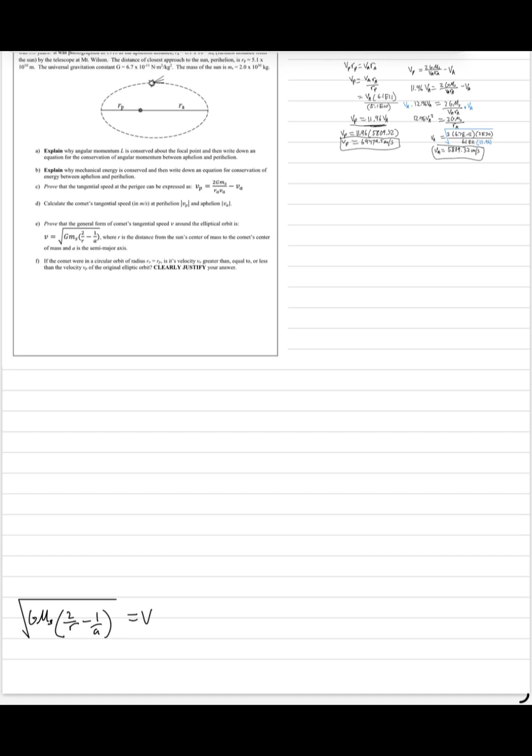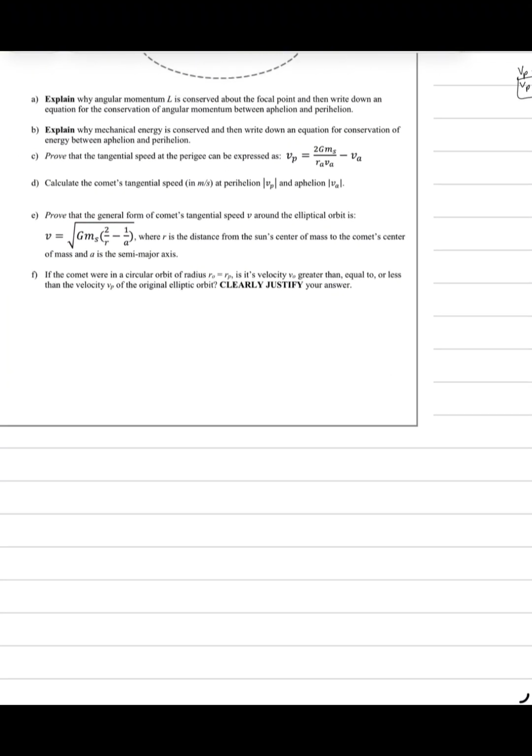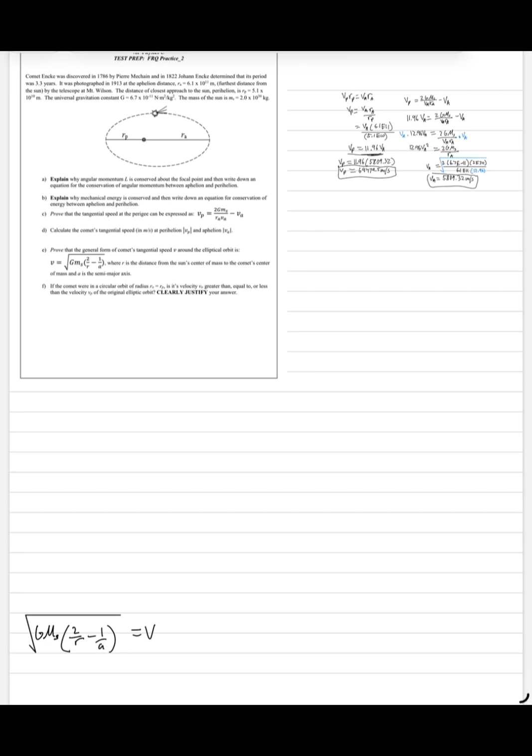For F, now the comet is in a circular orbit and its radius is equal to the distance at the perigee. Because it's in a circular orbit, we can use V orb equal to the square root of G M S over R. And we can get that by saying F C equals F G together. Then m v squared over R is equal to 1 over R squared times G M m.